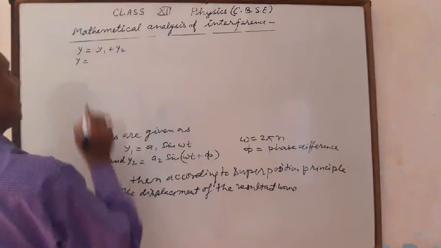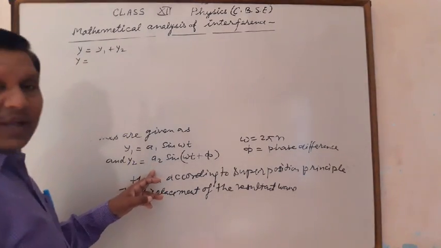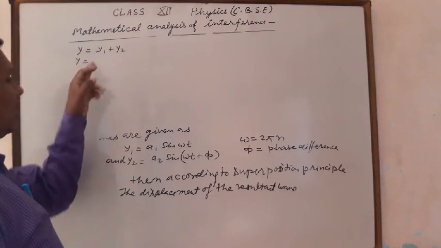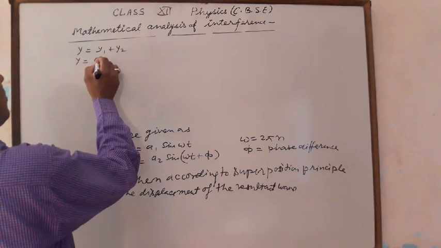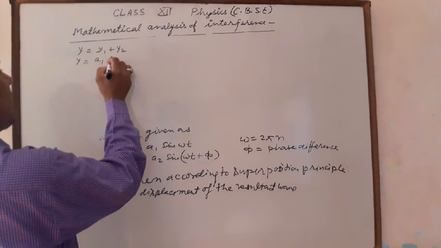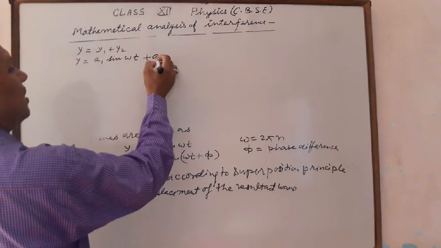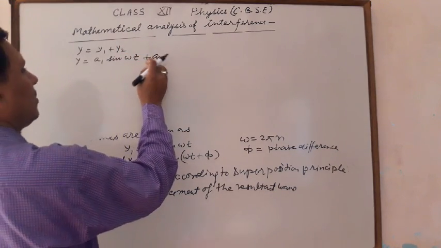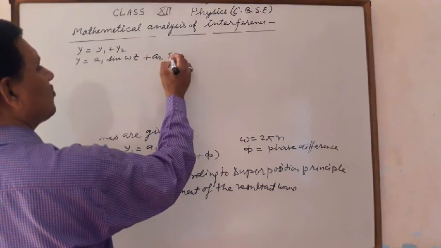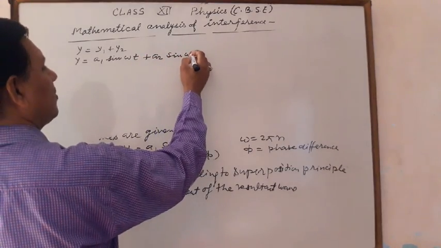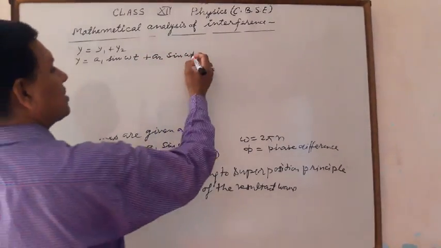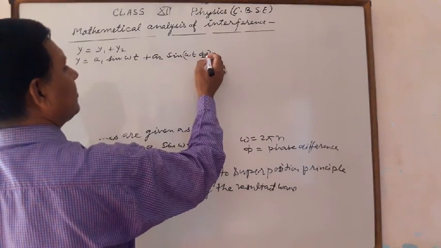Now putting the values of y1 and y2, y is equal to a1 sin omega t plus a2 sin (omega t plus phi).